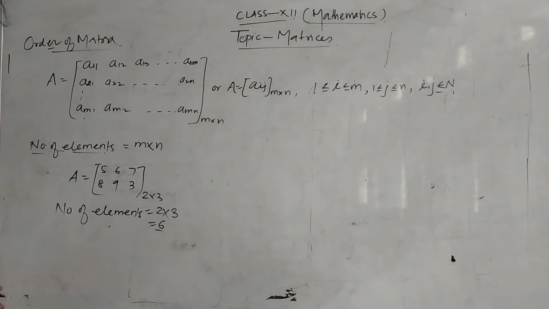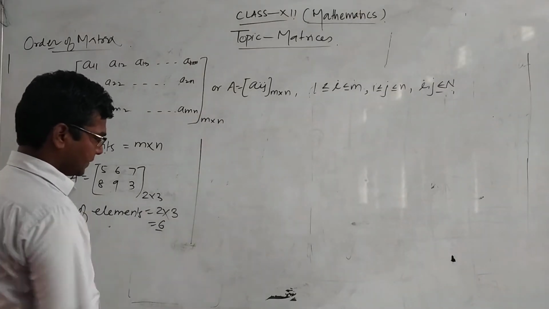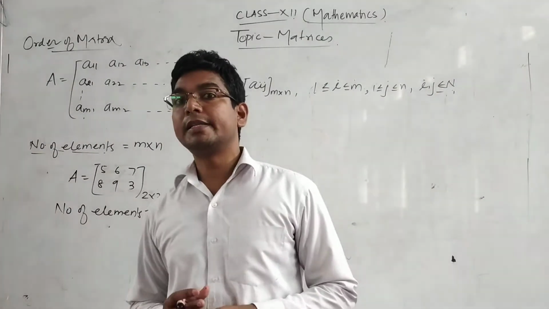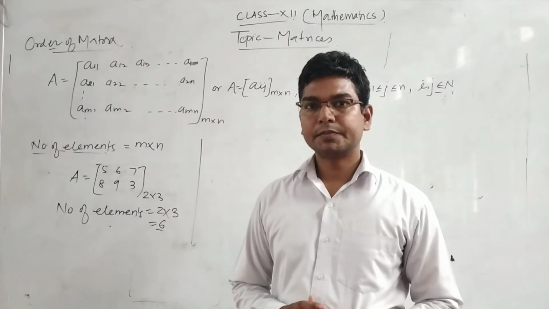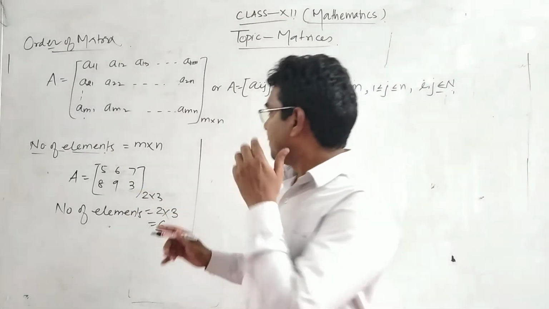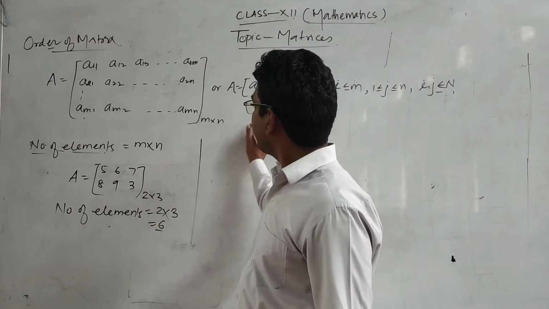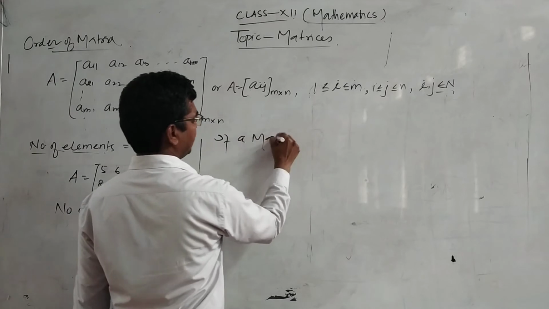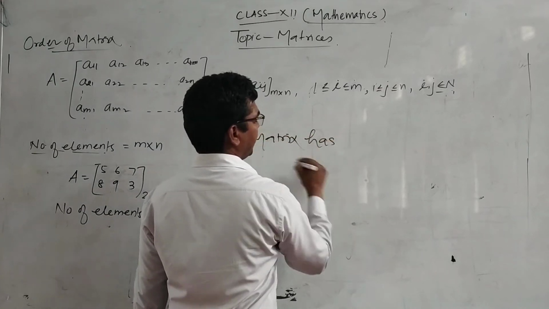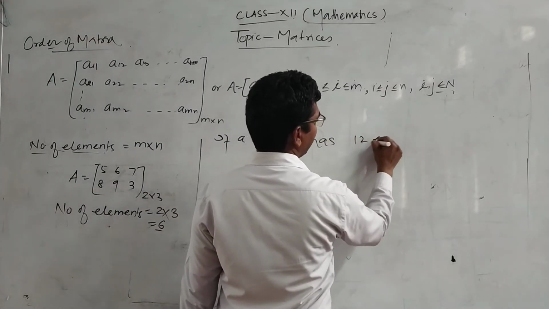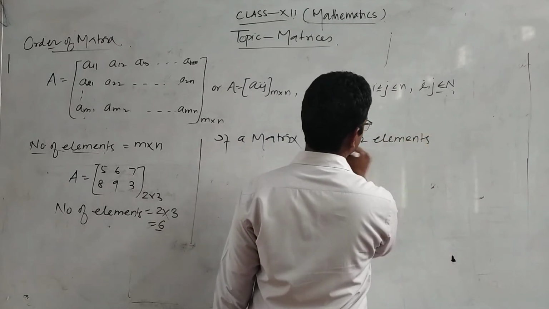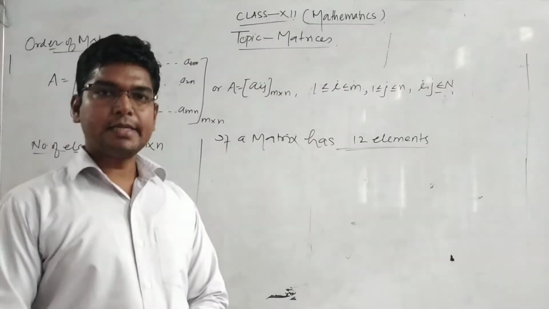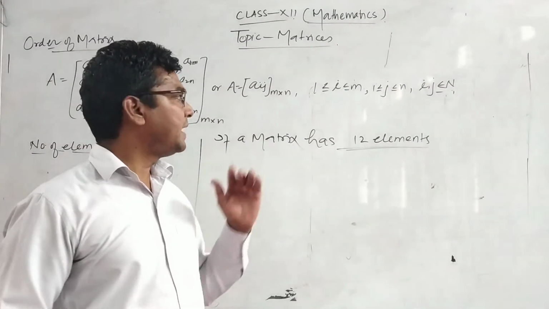Now the question is this: if the number of elements of a matrix is given, how can we write the possible orders of the matrices? For example, if a matrix has 12 elements, what are the possible orders of that particular matrix?